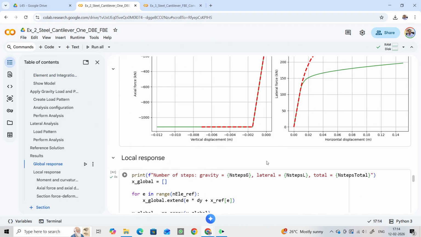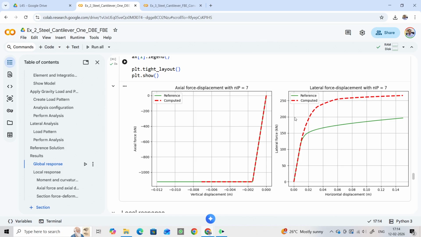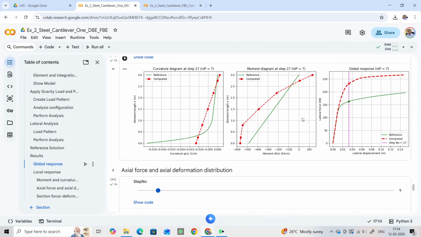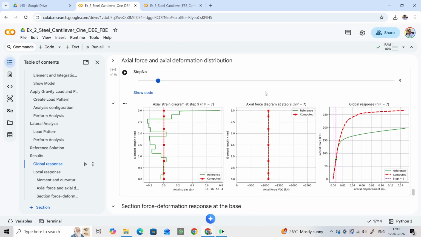So, you can see neither the global response, the lateral force displacement, nor the local response are matching with the exact solution. Okay? Because in displacement based element, because of this assumption that the curvature varies linearly, you will not get exact solution. Okay?